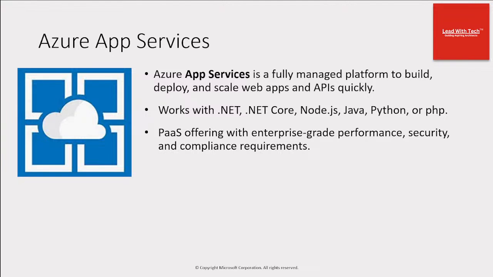With app service, you'll also be able to automatically scale up or scale down depending on the traffic or the need for resources. As I said, this is a platform as a service with the performance and security that is required for enterprises to build and deploy applications at scale.